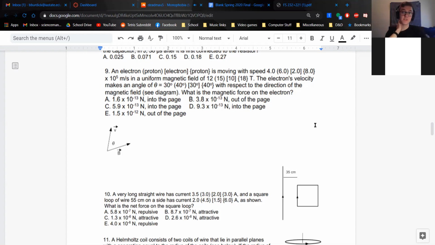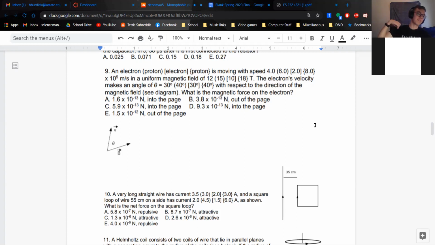All right, is anyone stuck on this one? Doesn't know where to start? Well, you shouldn't need to look for it, the charge of a proton is actually the positive charge of an electron.